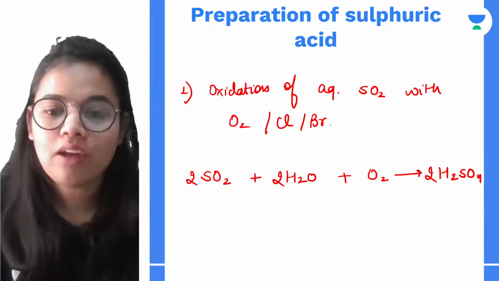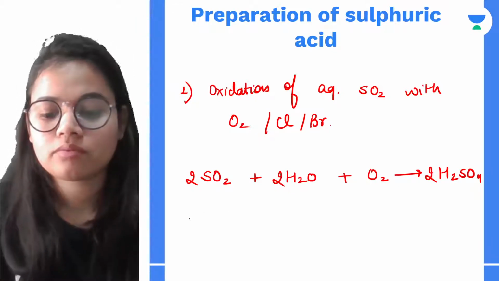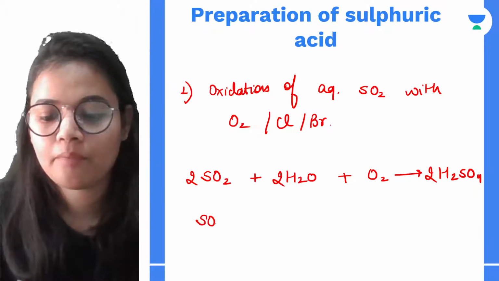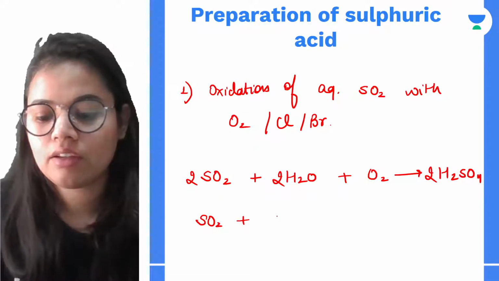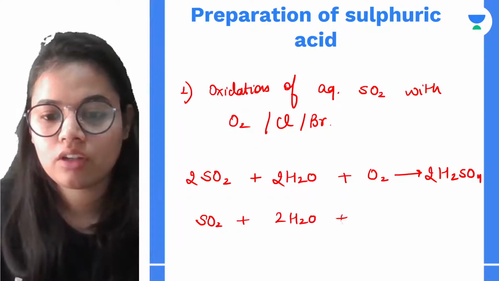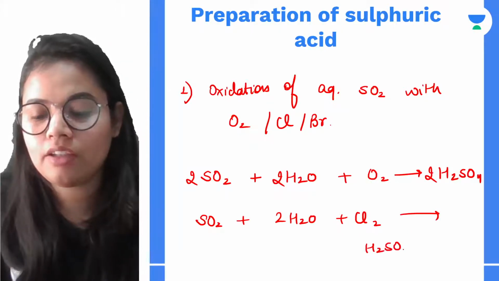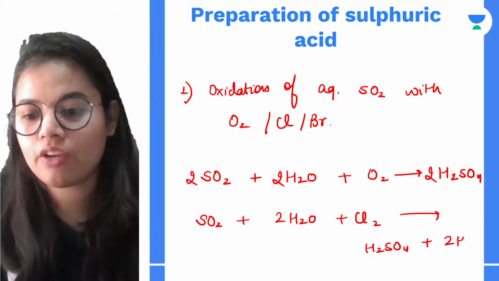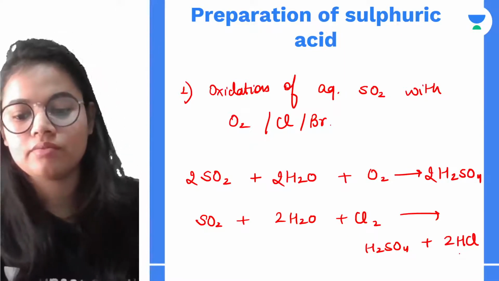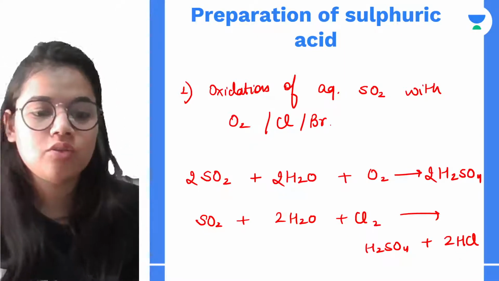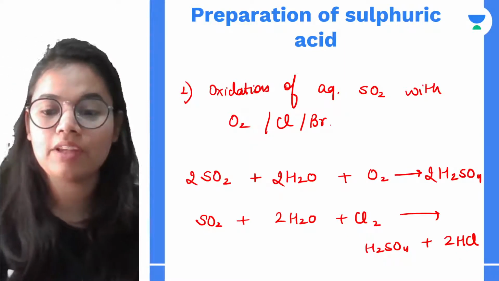If I go for chlorine, then we need water and chlorine, and along with sulfuric acid we also get hydrochloric acid. And the same thing, we can use bromine also in place of chlorine.